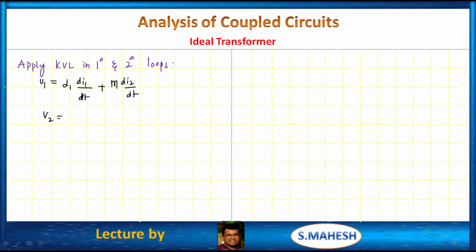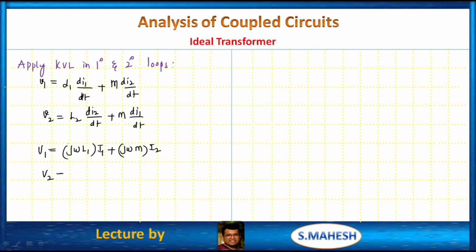Like that, V2 is equal to L2 di2 by dt plus M di1 by dt. Now we can write V1 as j omega L1 into I1 plus j omega M into I2.